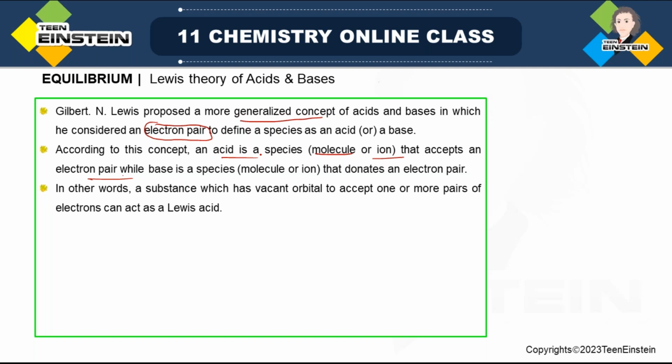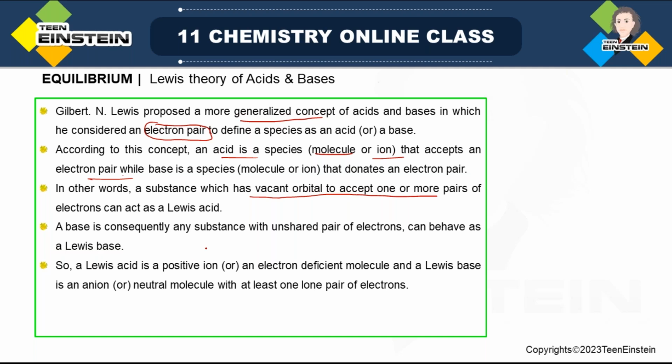In other words, a substance which has a vacant orbital to accept one or more pairs of electrons can act as a Lewis acid, because as it is accepting electrons, there must be a vacant orbital, otherwise how will it accept? The electron will reside somewhere after acceptance. That is why the presence of a vacant orbital is important.